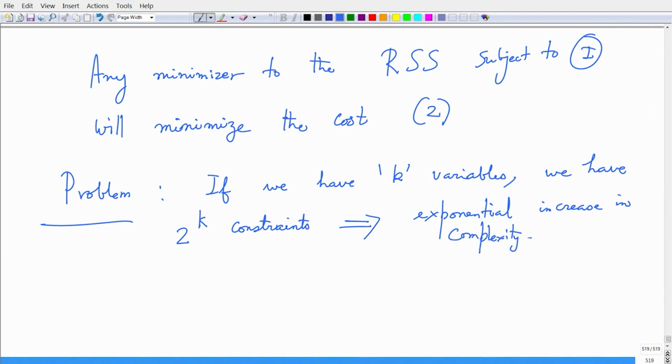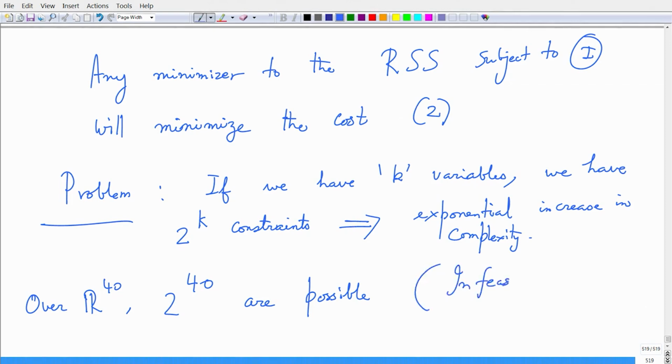I mean, to just get a feel for this problem, suppose I look at vectors in a 40 dimensional space. This is the number of constraints I have, right, over R40. I have 2 power 40 constraints, and this is infeasible for optimization, right.